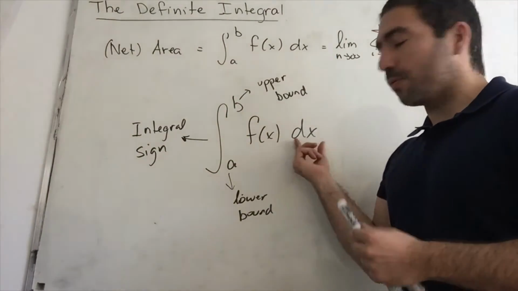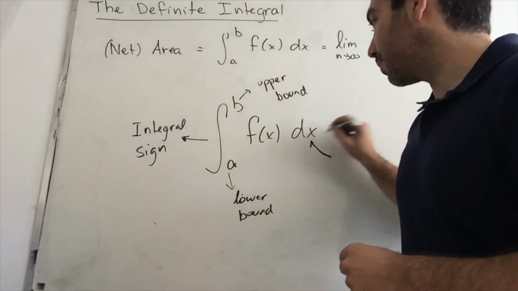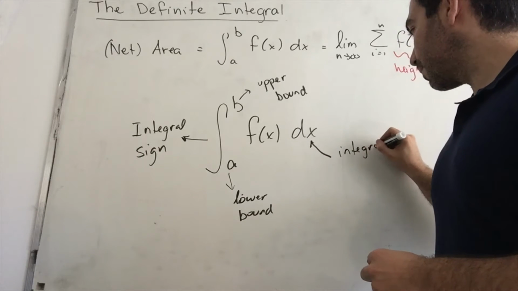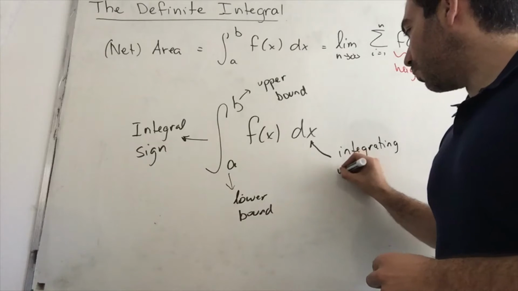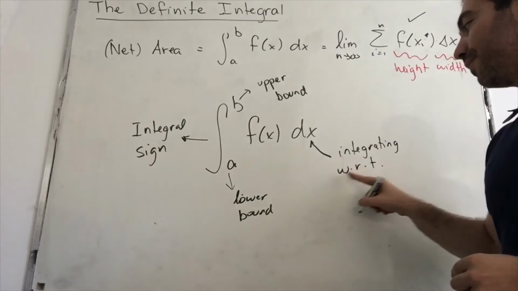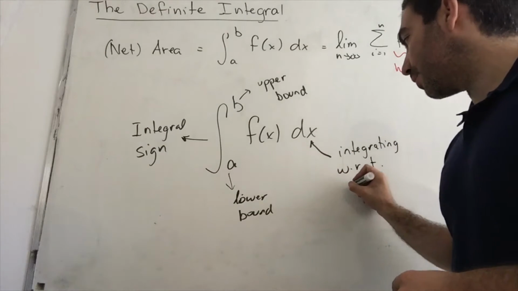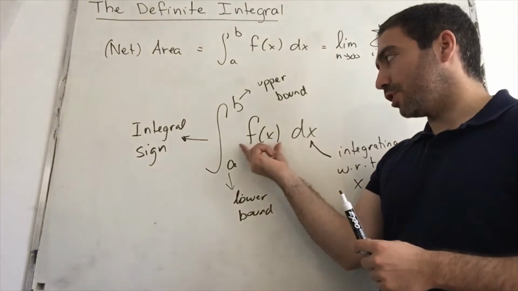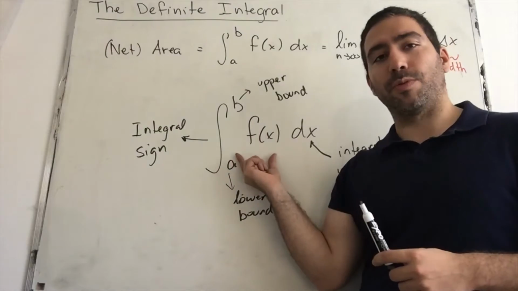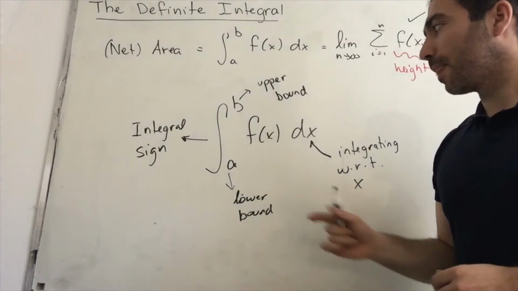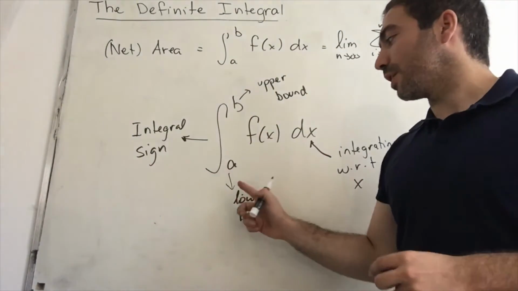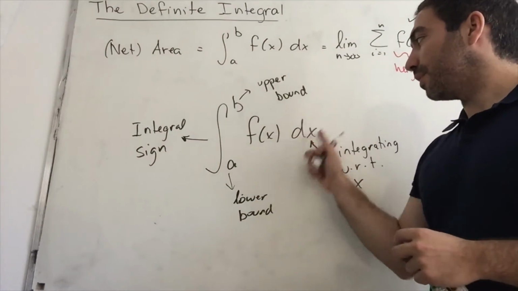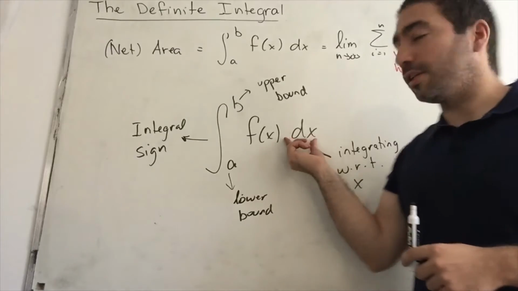This is telling us that we're integrating with respect to x, the variable we're using. The function inside the integral sign is what we call the integrand. But really you just have to know the integral sign, lower bound, upper bound, or lower limit, upper limit, and the dx. The dx, delta x, is essentially this piece of the puzzle.